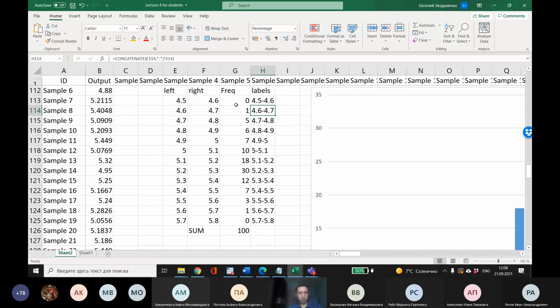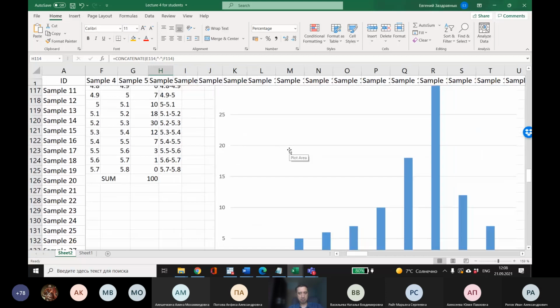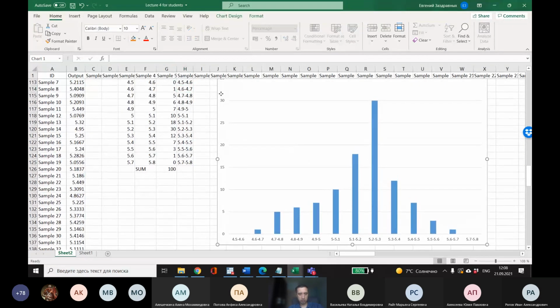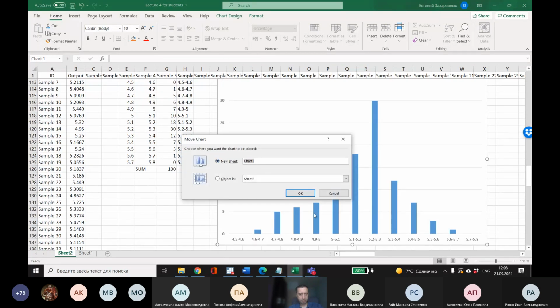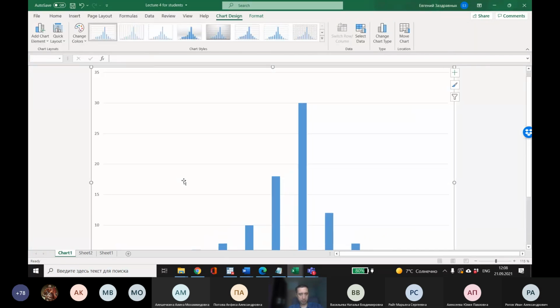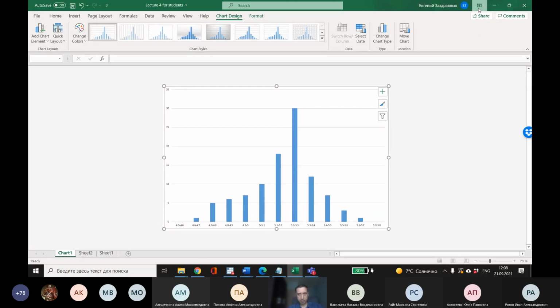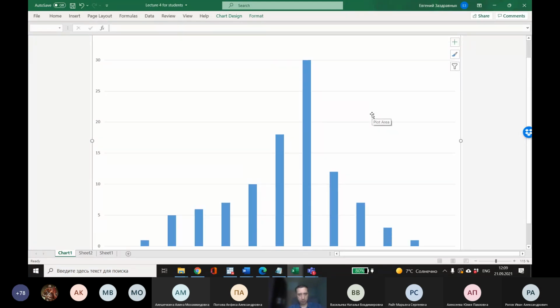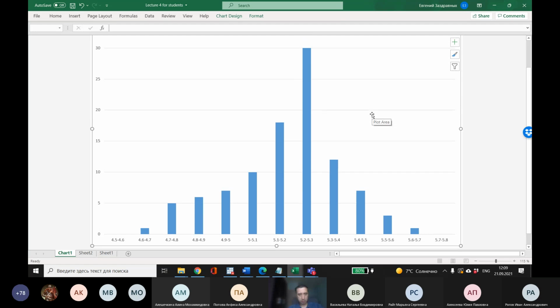Next, please create a frequency histogram. It should be like this. Let me put it on a separate worksheet to make it visible for everyone. This is our frequency distribution histogram. Please create it in Excel.